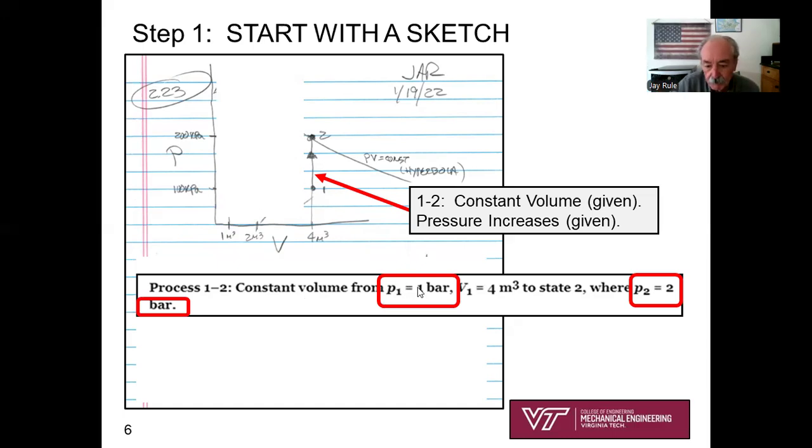I didn't label it 1 bar. I labeled it 100 kPa because I've done enough of these problems to know that I've got to be very careful with units, and it's going to be very handy to deal always in kPa and not in the unit bars. So I labeled state 1, 100 kPa, 4 cubic meters. All right, constant volume process, and it says P2 is 2 bars or 200 kPa. Obviously, a vertical line headed upwards, increasing in pressure. All right, so there's the start of my PV diagram.